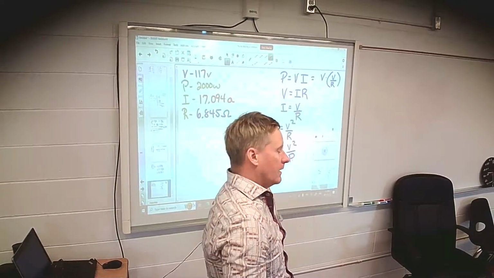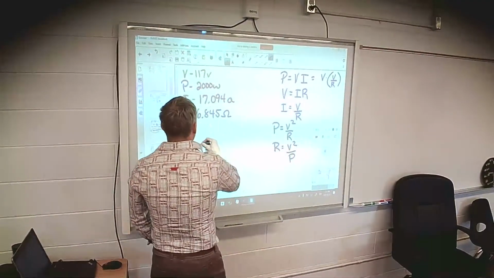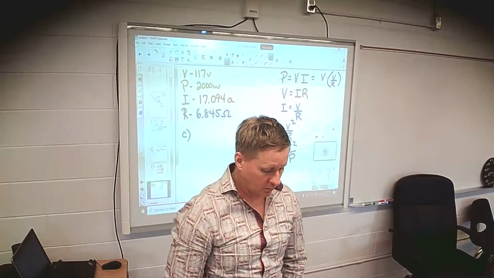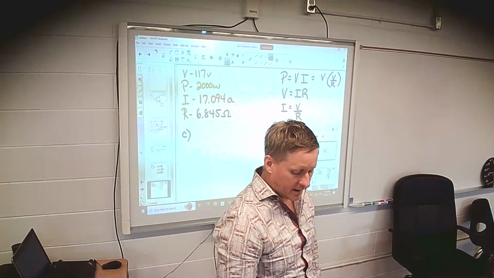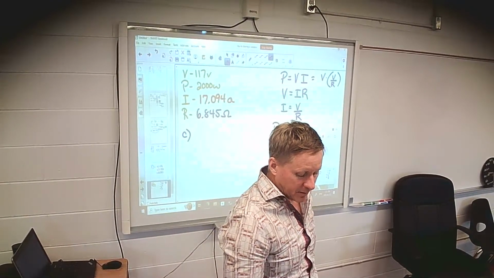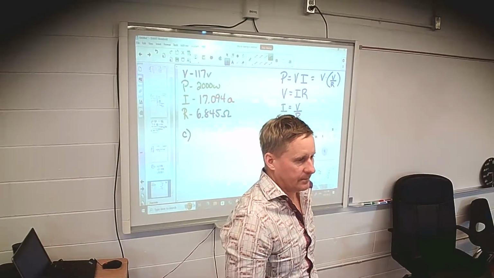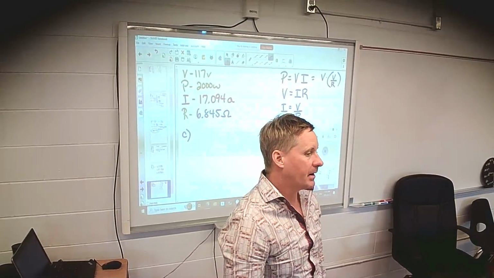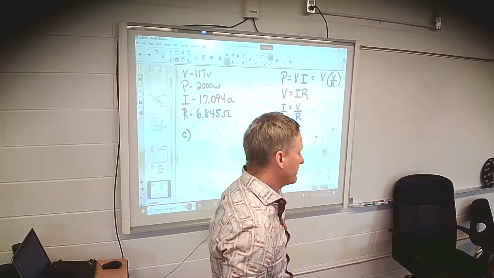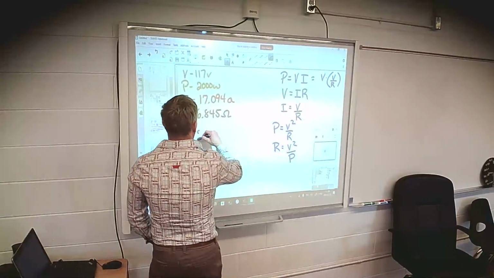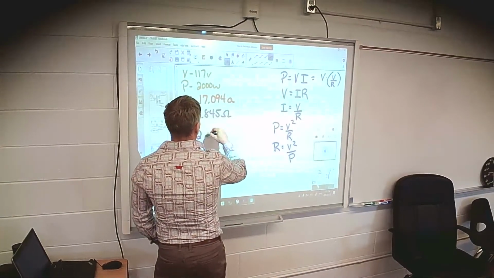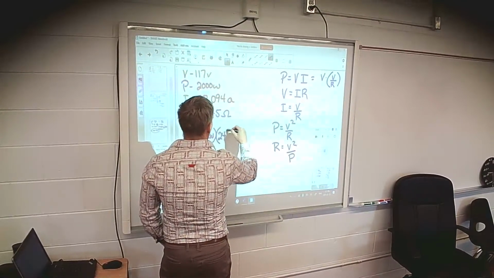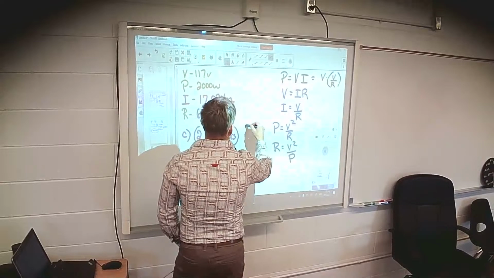Okay. So this one's different. We haven't looked at this yet. This is where we're getting at. So 24 hours is the time, 10 cents per kilowatt hour. So I need to take the number of kilowatts, times it by the number of hours, and then times it by 10 cents per kilowatt hour. So we have 2 kilowatts, 24 hours, times 10 cents.